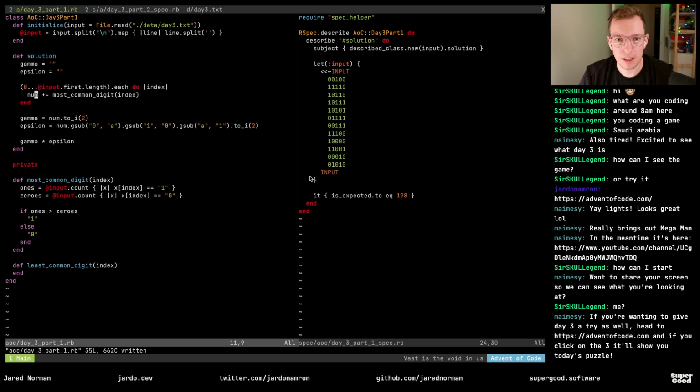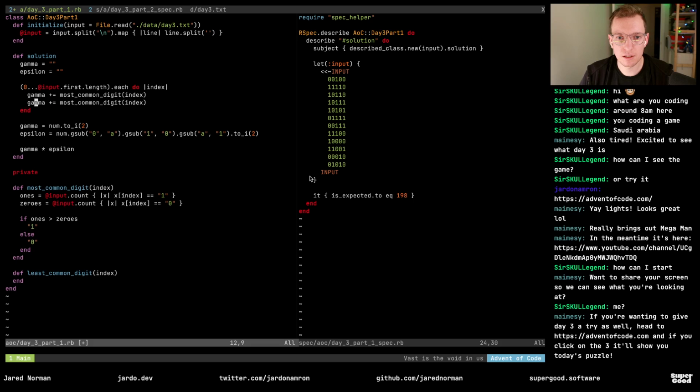Now we have gamma and an epsilon, and we can say gamma plus equals that, and epsilon. Cool.